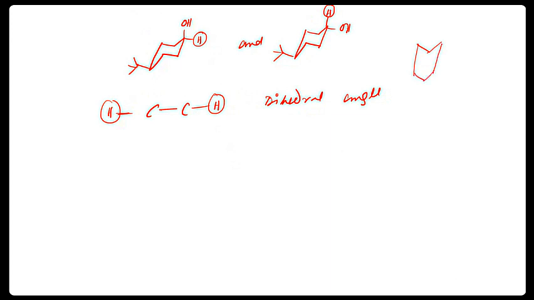Let's say this is the book. This is the junction. Here this CC bond is lying on the junction. Here we have this CH bond on this page and we have this page.